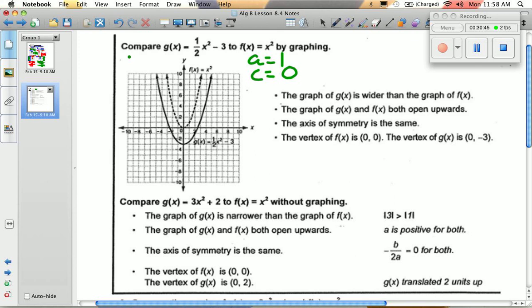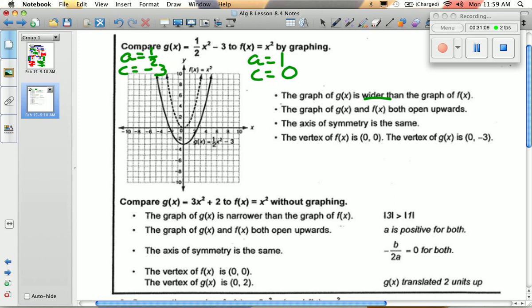So we just compare. a is equal to 1/2, c is equal to -3. We should be able to do this without having to graph. Since a is 1/2 instead of 1, the graph got wider, because remember, if it's between 0 and 1, it gets wider.